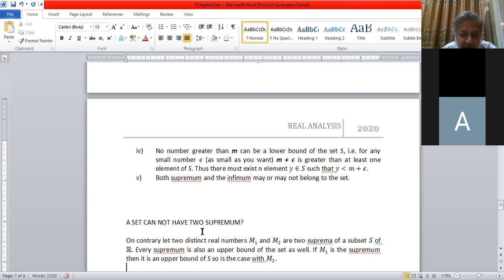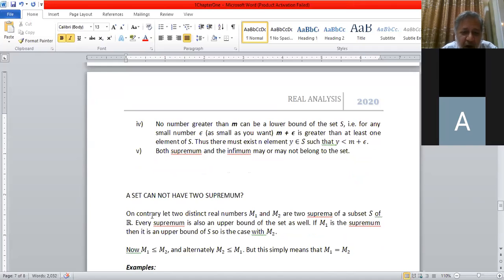In answer to this question, we assume on the contrary that there are two distinct real numbers m1 and m2, both suprema of set S. Every supremum of a set has to be an upper bound of the set as well. If m1 is the supremum, then it is an upper bound of S. If m2 is a supremum, m2 is also an upper bound.